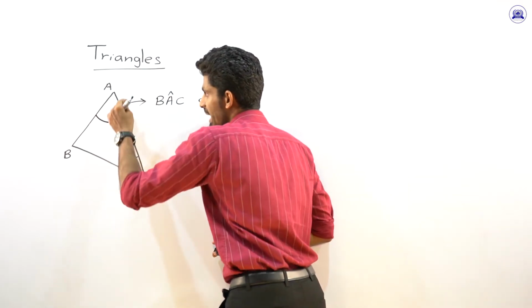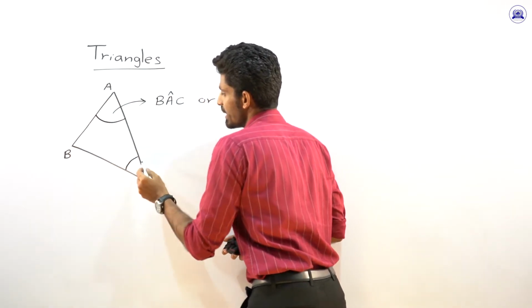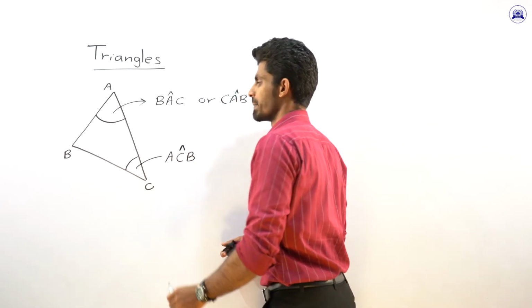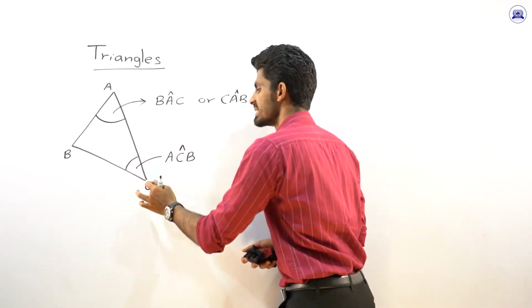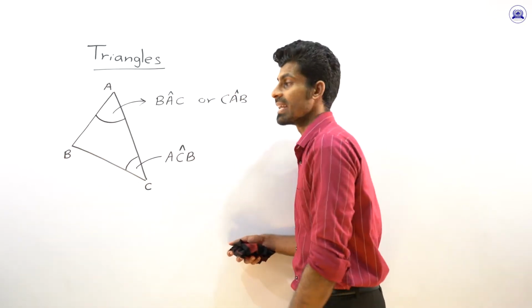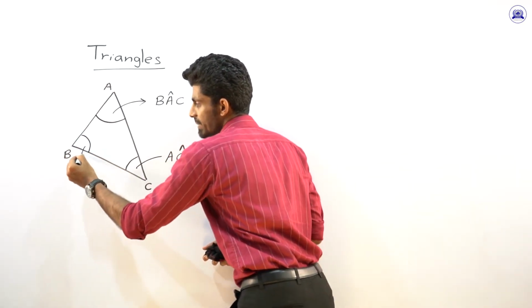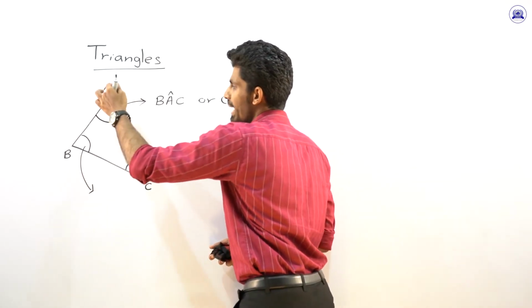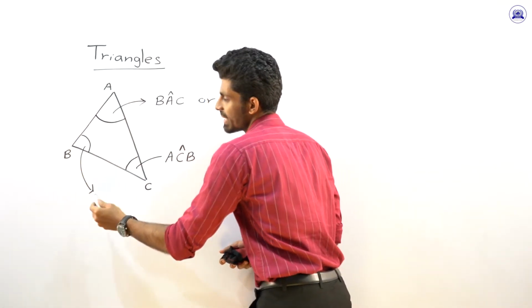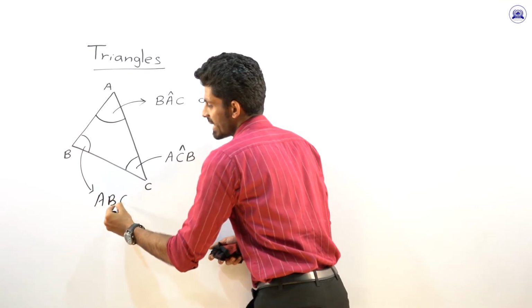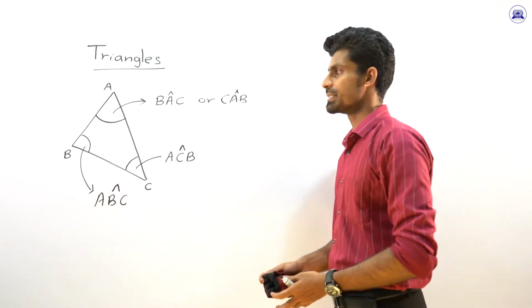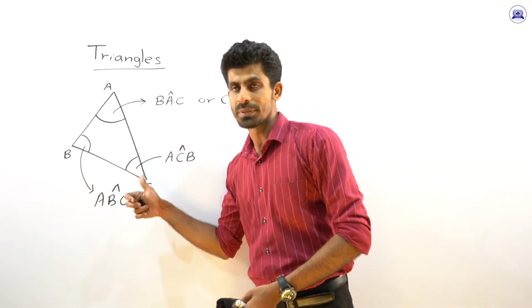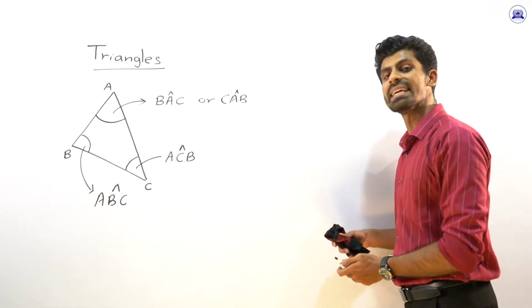And this one is ACB. Now you know the method. Then ABC, where B is the angle. That one is very important and very easy.